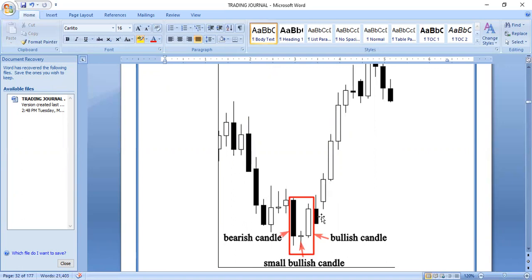This is where most sellers are trapped, because they still think that this one is a continuous bearish pattern.